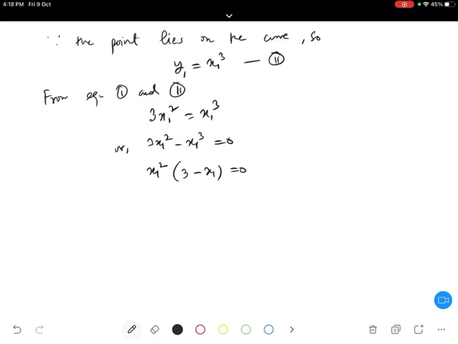Now let's move on to the next question. It's a very important question, question number 8. Read the question, everyone. For the curve y is equal to 4x cube minus 2x to the power 5, find all points at which the tangent passes through the origin.